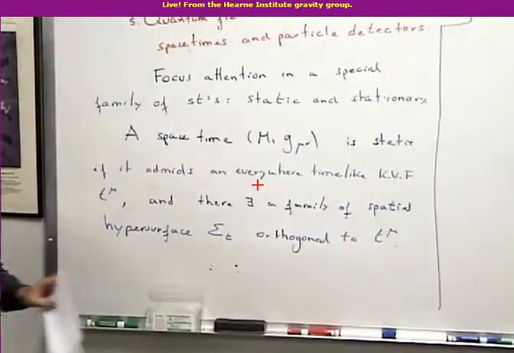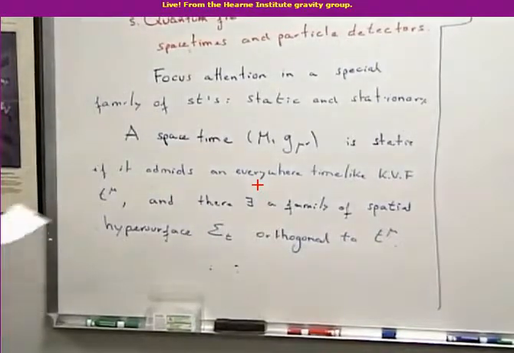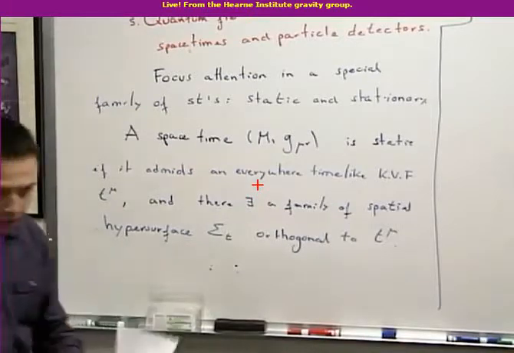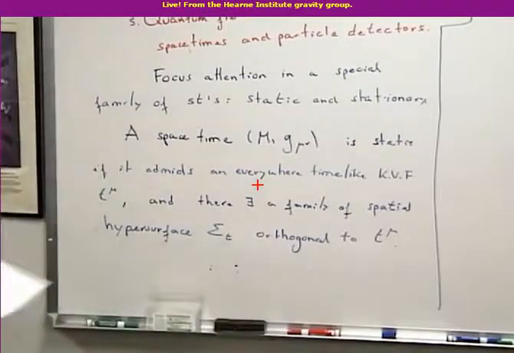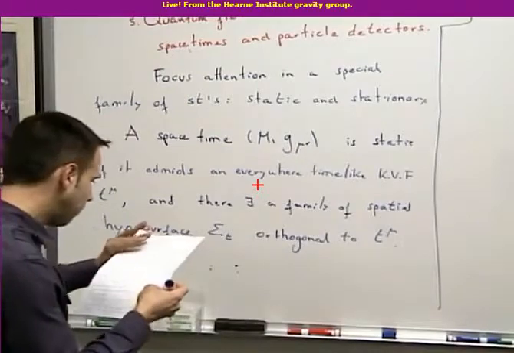So two conditions: there is a Killing vector field, and one can foliate the spacetime with hypersurfaces which are orthogonal to the Killing vector field. This is a static spacetime. Schwarzschild is one of these spacetimes.